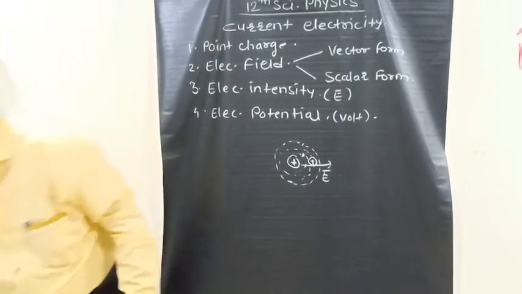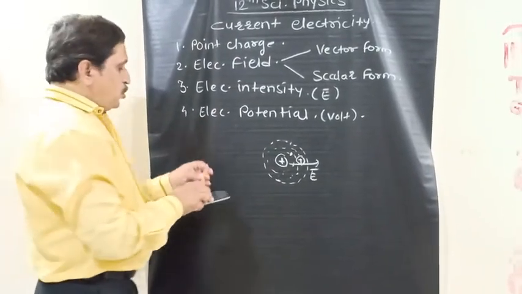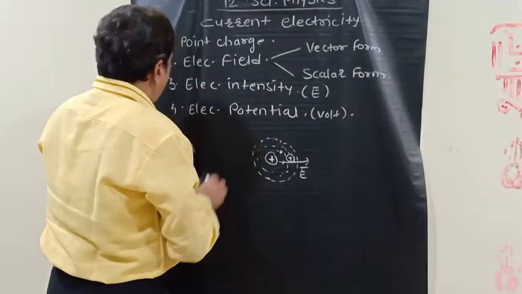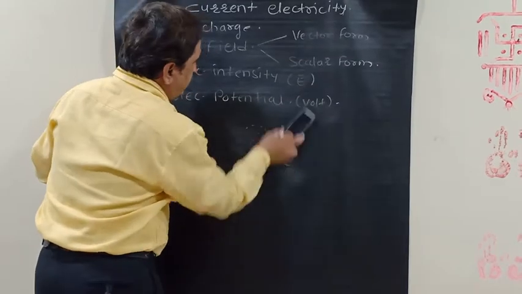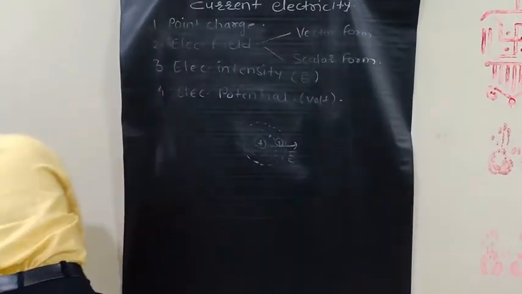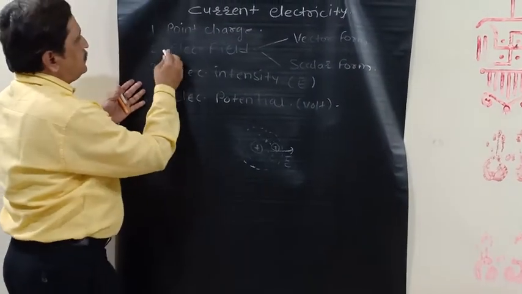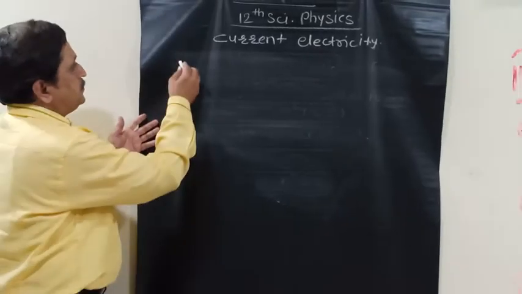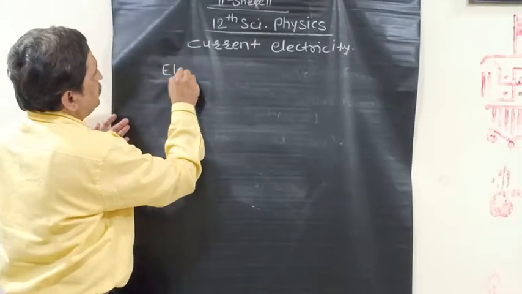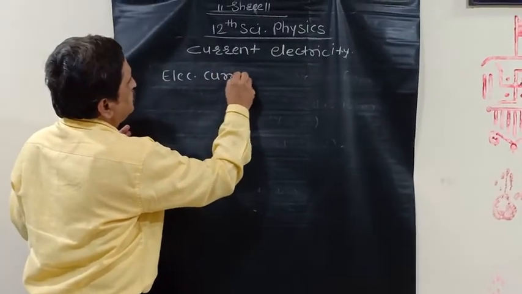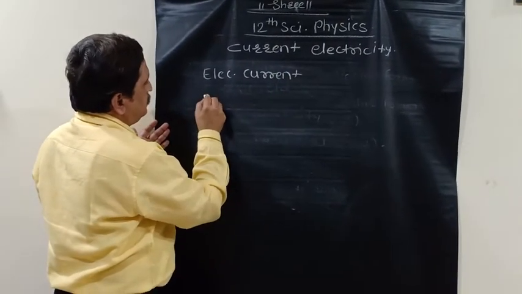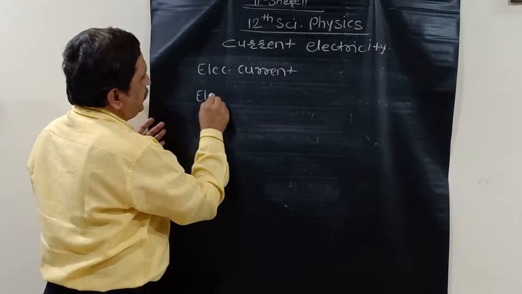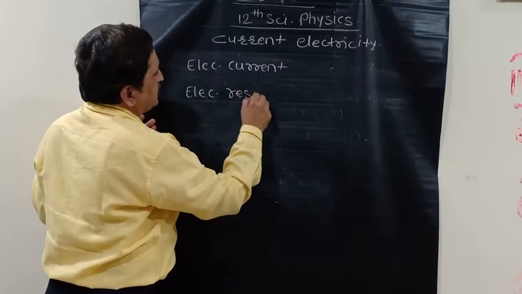Now one more thing we should know: one is electric current and the second one is electric resistance. We'll see. Now the first term is electric current, then electric resistance.